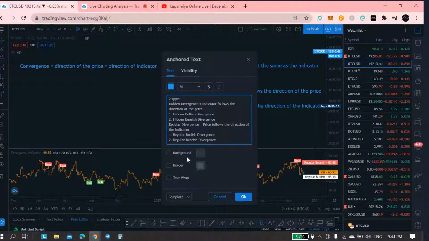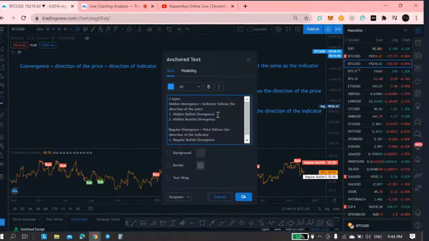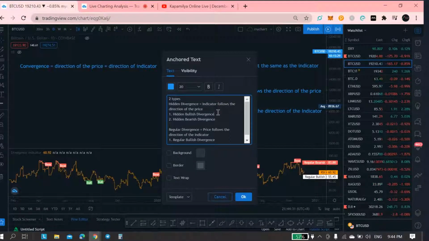When we say hidden bullish divergence, we look at the price and the indicator. In a hidden bullish divergence, the indicator follows the direction of the price.